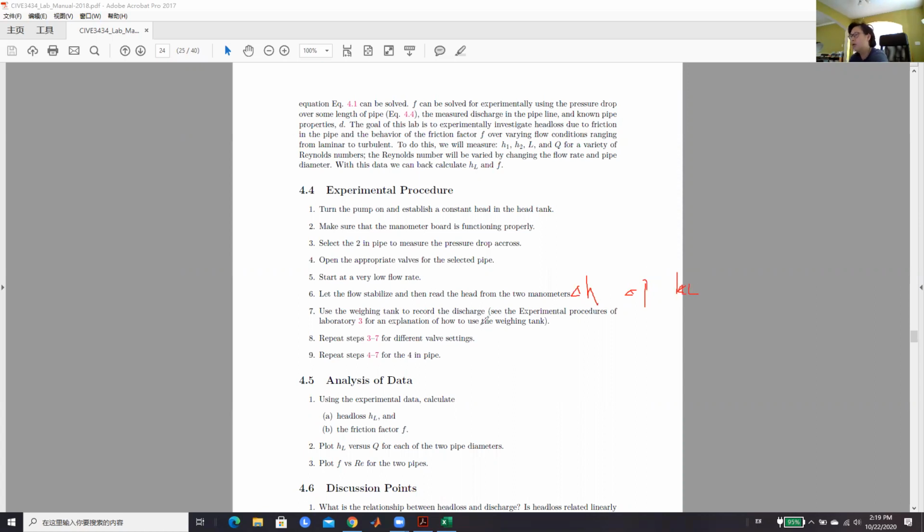In this part, the weighing tank has two readings. One is WI, the initial weight, and another one is W final. W final minus WI is the weight of the water during the specific time period.